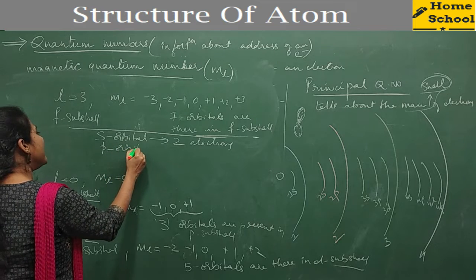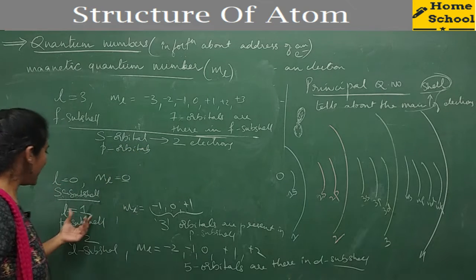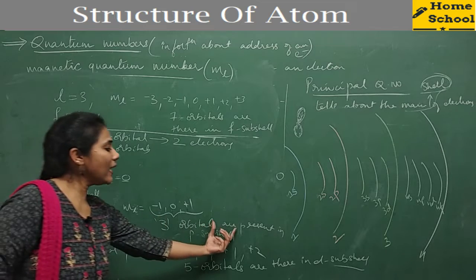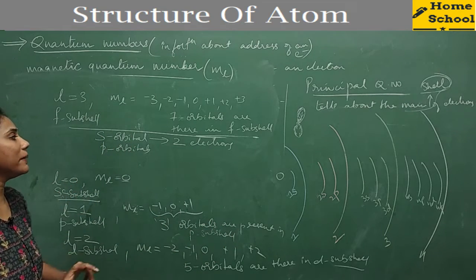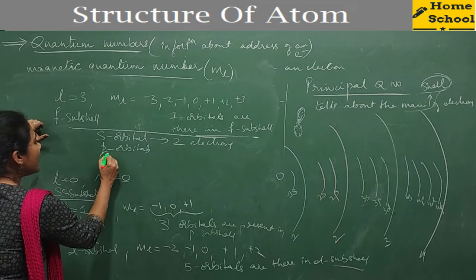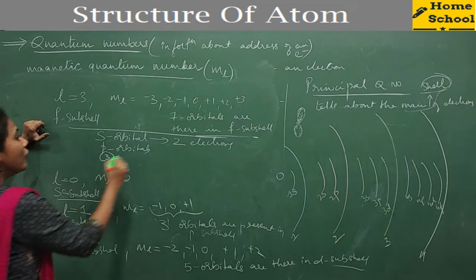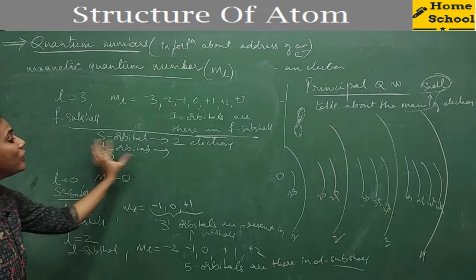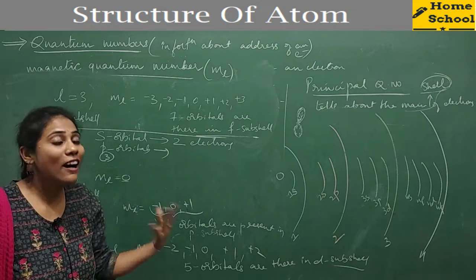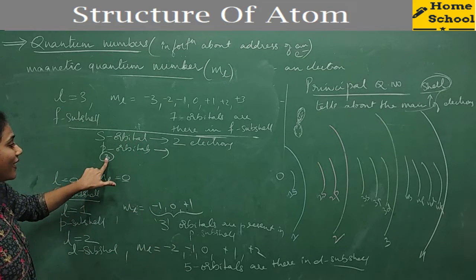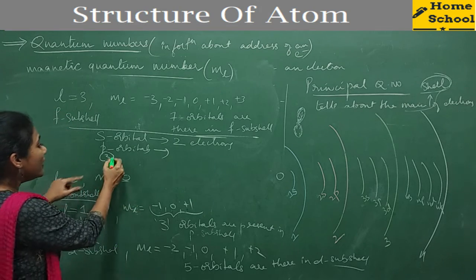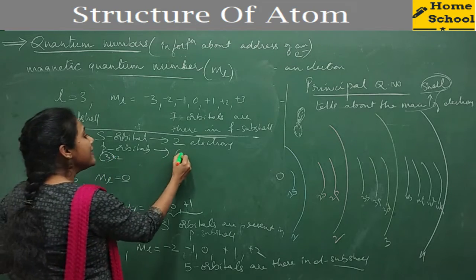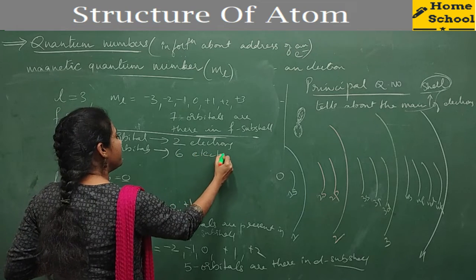Coming to the p orbitals. How many p orbitals are there? In the p subshell, 3 orbitals are there, and I am calling those p orbitals. So in total, p orbitals can accommodate how many electrons? 3 orbitals, each orbital can have 2 electrons, so 3 into 2, 6 electrons.